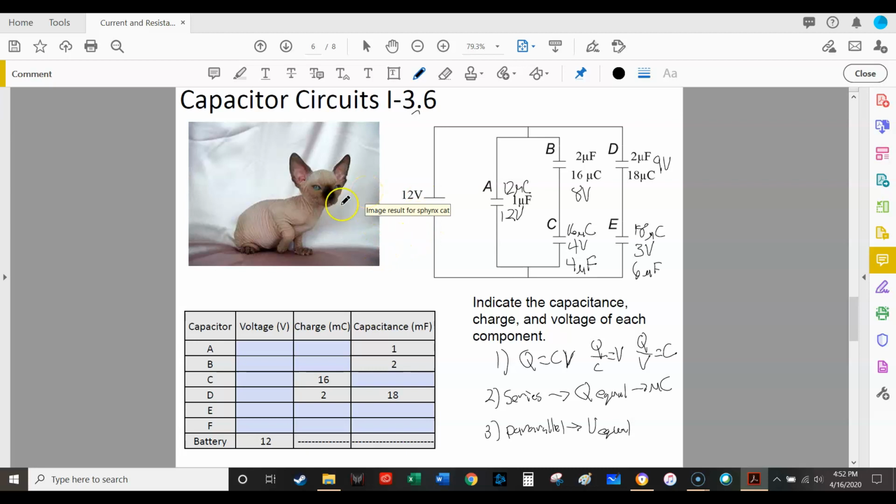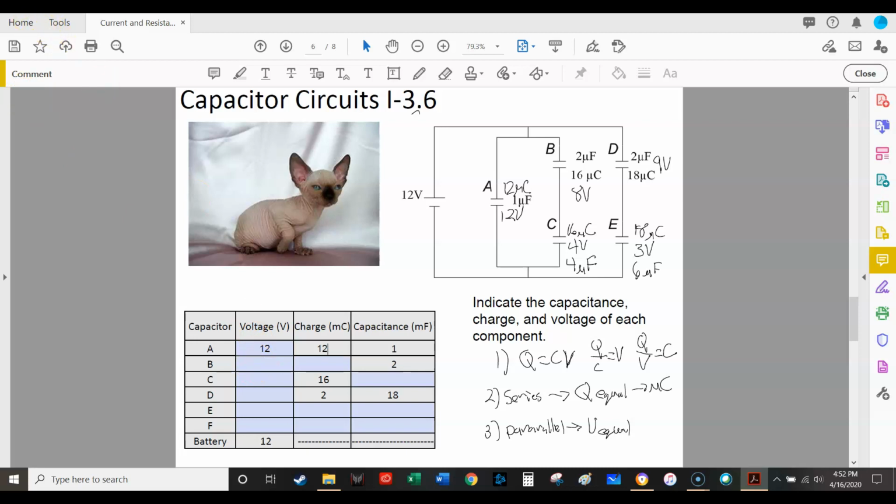All right, now that I've got that done, I'm going to start filling in stuff. The voltage here is 12 in A, and the charge is 12 microcoulombs. I put MC here, and I should make that micro.